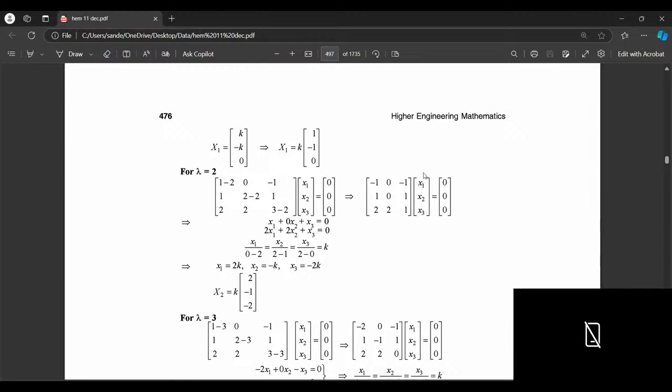So you will get x1 equal to minus 2, x2 is minus 1 and x3 is 2.